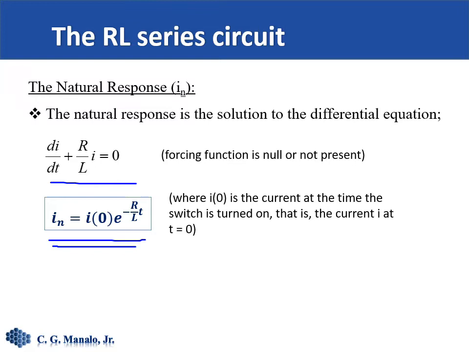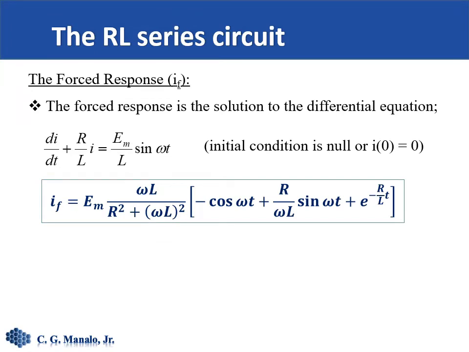Since this is a natural response, let's put a subscript on the solution, i sub n. Now i at t equals 0 is written this way. This is the current at the time the switch is turned on, so i at t equals 0.